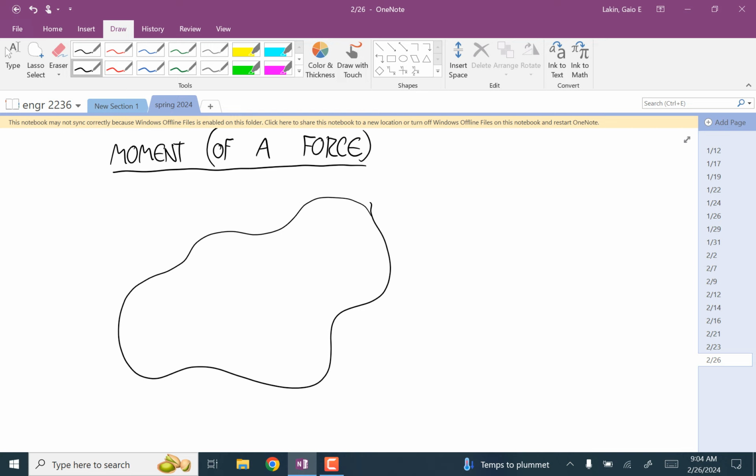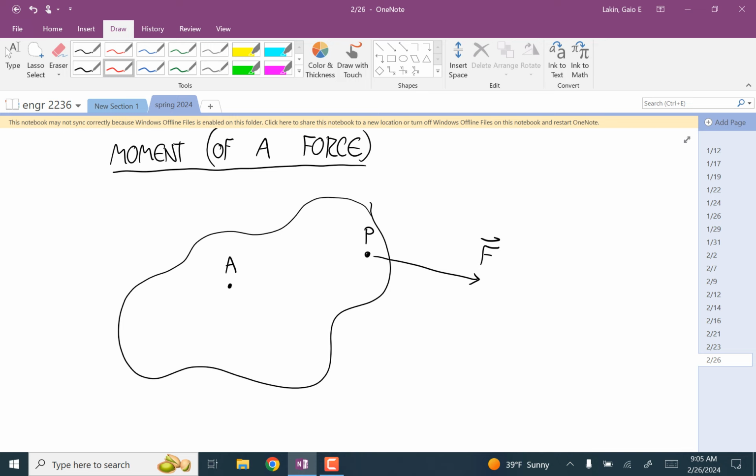Let's say that at some location P, you have some force acting on the body. And at some other location, you have your axis of rotation. For us, this is either a fixed point, like a joint that connects the body to the coordinate system, or it's the center of mass of the body.